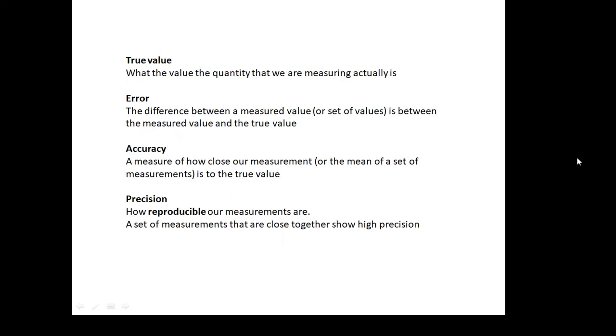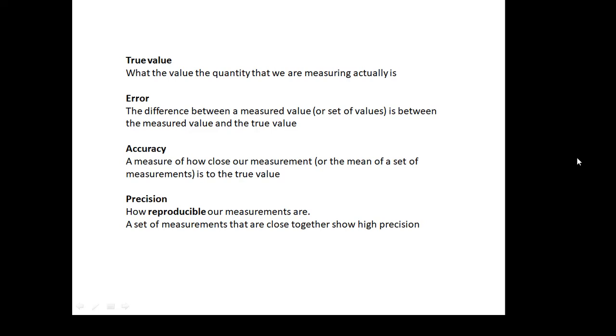The true value is what the value of the quantity actually is that we are measuring. The error is the difference between our measurement, the measured value, or for a set of values, the difference between that and the true value. Accuracy is how close we are to the true value.